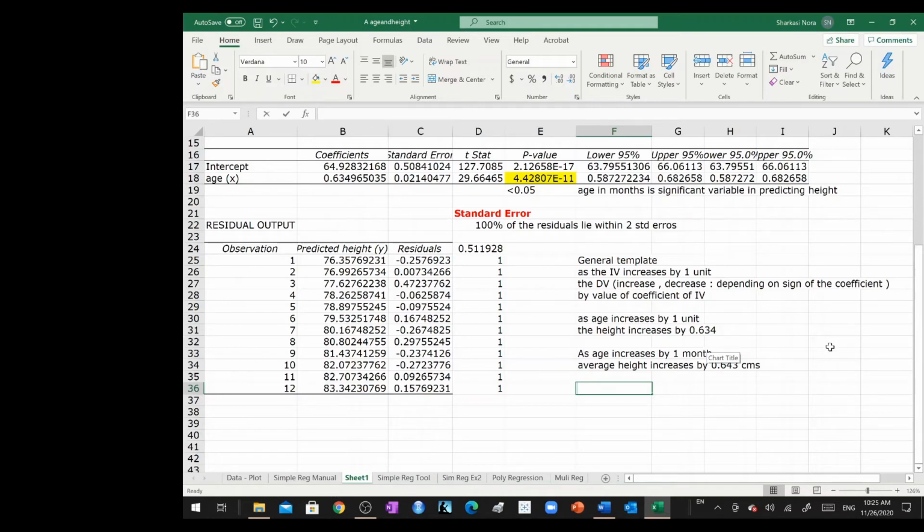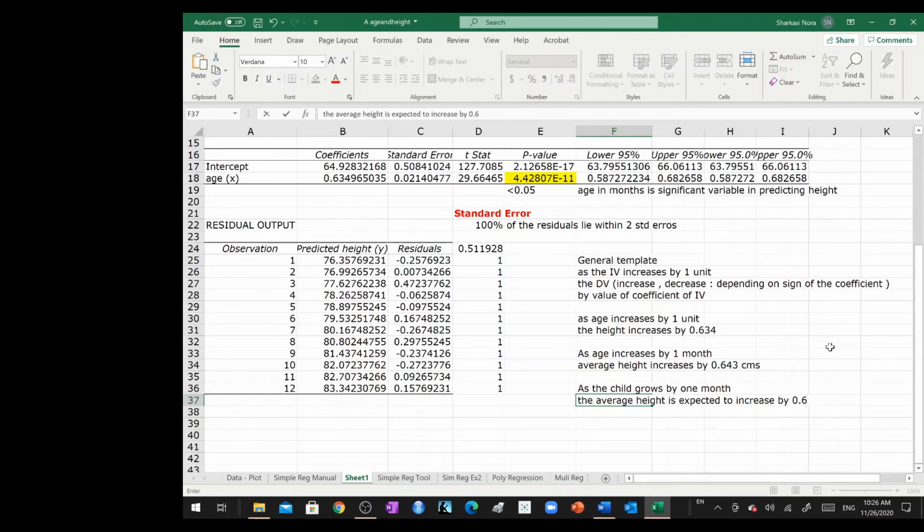Also, if you want to write it in more natural language, you say as the child grows by 1 month, the average height is expected to increase by 0.6443 centimeters.